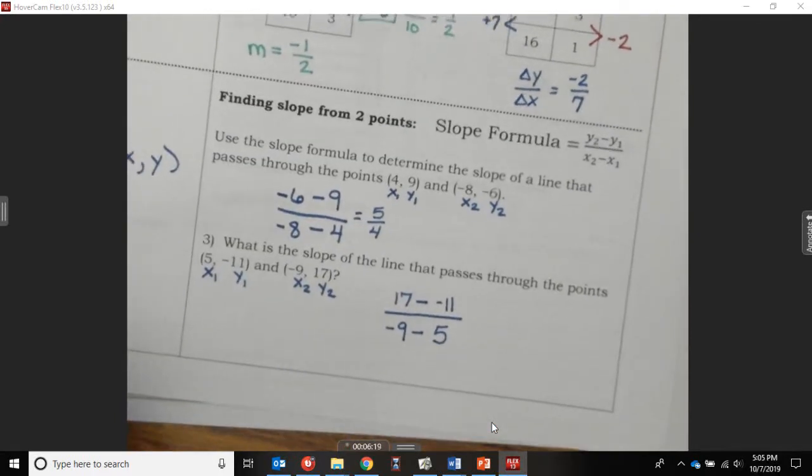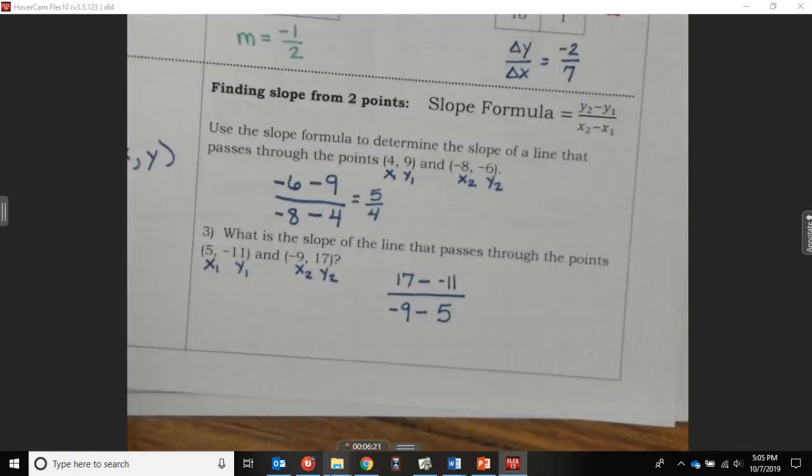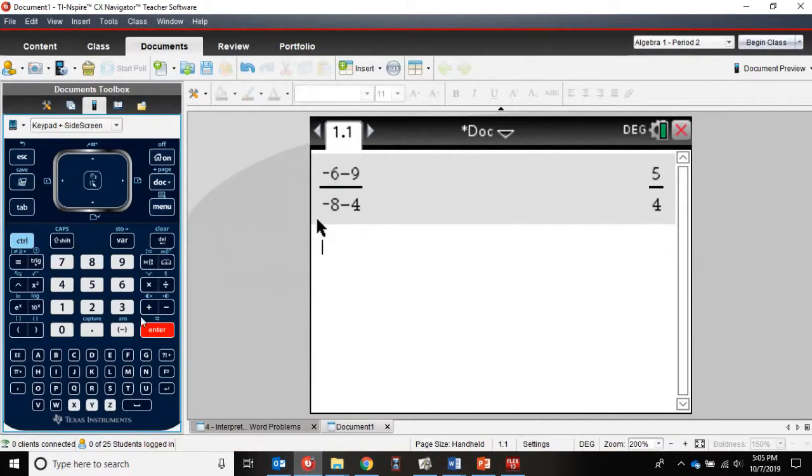And again, we're just going to go to our calculator and type it in. It's a fraction first, and then we're going to type in 17 minus -11. On the bottom, we have -9 minus 5. And the answer here is -2. So that's how you use the formula.